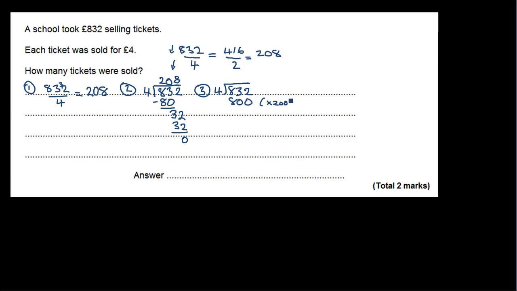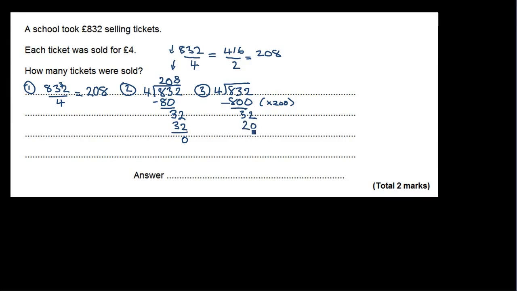So 800 underneath here, and we must remember to write the 200 on the right hand side here. So that's our first chunk. We subtract, so we have 32.